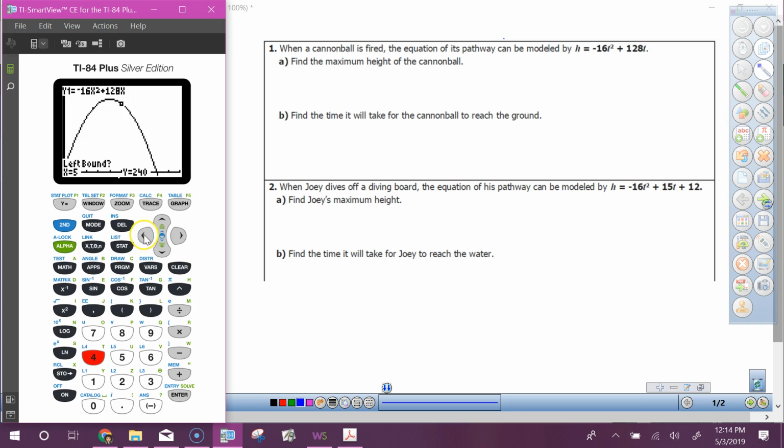So we're going left bound, got to get on the left side, enter, right bound, we got to get over the hump, get on to the right bound and hit enter. And then the guess in the middle and hit enter.